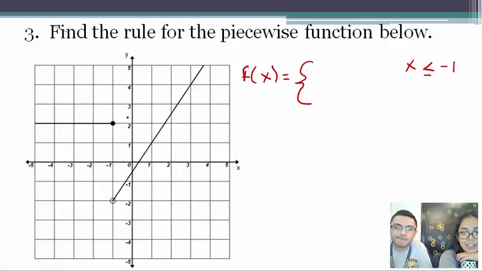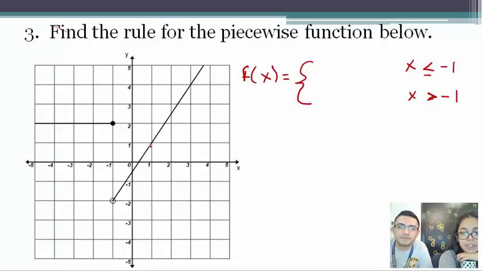Okay, so let's try the same thing like Edwin said. What about the graph on the right? You see all of it touches all of the numbers to the right of -1. So x can be greater than -1. Now let's find the equations.